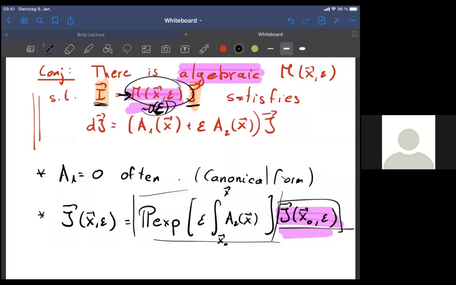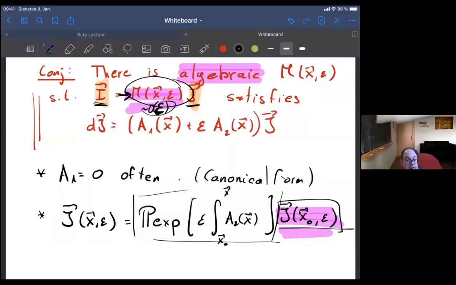So then we would need this expansion of the path-ordered exponential only up to the order of the deepest pole of the initial condition. No, well, you need it up to the order such that you know this I, which is the thing that you want, to sufficient orders in epsilon.